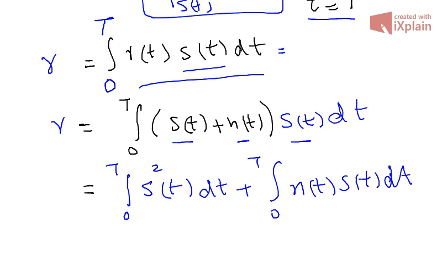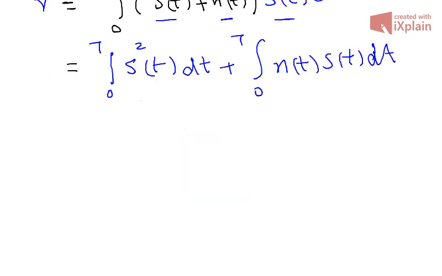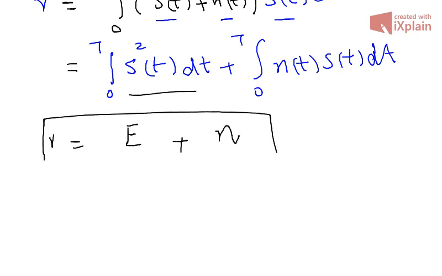Right? Now if you observe this R, it is actually equal to the energy of the signal, plus the noise term. So the sample value R is equal to the energy of the signal and another term, which is the noise term.